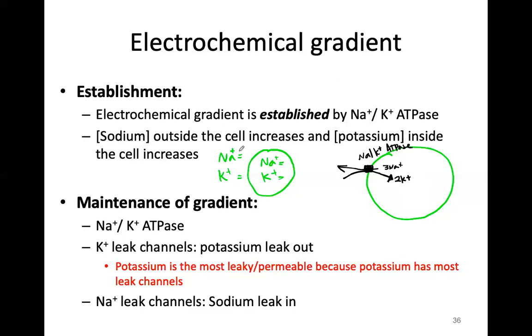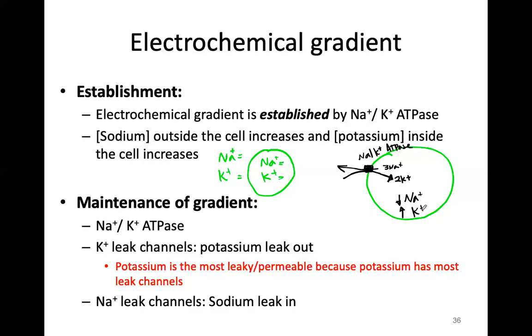So what you're eventually going to end up with is low sodium inside the cell and high potassium inside the cell, right? So if you do this, you're establishing what? You're establishing an electrochemical gradient. You have more positive outside the cell, right? And you also have a concentration gradient for both your sodium and potassium.